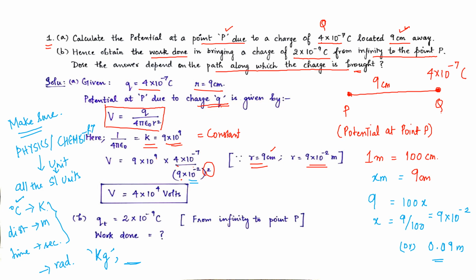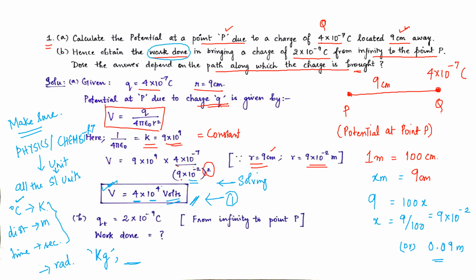Now after substituting all these values and solving it, we received the potential as 4 into 10 to the power 4 volts. The SI unit for the potential is volts. Now this is our answer for the first question. The second part of the same question is, hence obtain the work done.